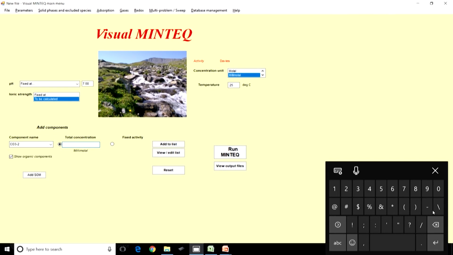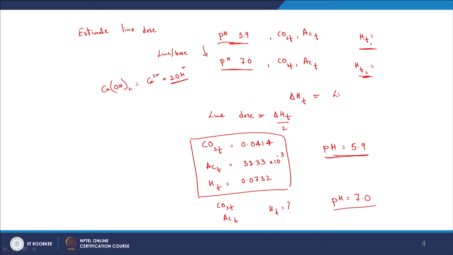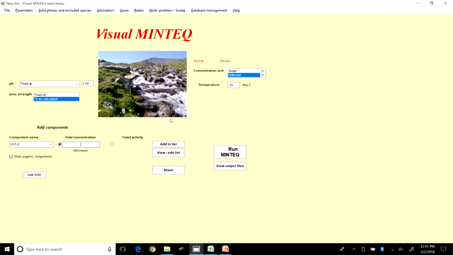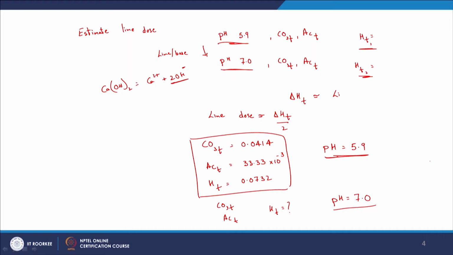Pardon me, I think I messed up the values. I think acetate total was 33.33 into 10 power minus 3, and CO3 total was 0.0414, is that right? So, I need to plug that in. CO3 total was 0.0414, and what did I plug in? Okay, I plugged in the reverse. So, I need to just change that here. So, CO3 total is 0.04, acetate total is 33.33.